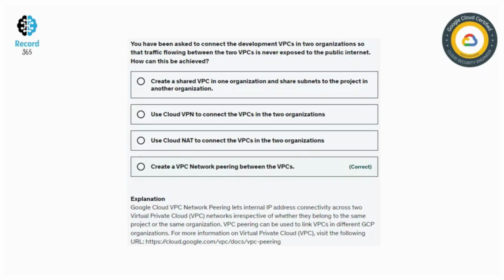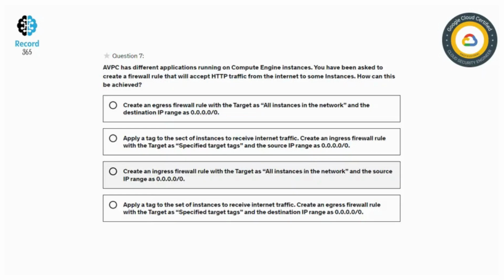So question number 7. A VPC has different applications running on Compute Engine instances. You have been asked to create a firewall rule so that you will accept HTTP traffic from the internet to some instances. So how can this be achieved?